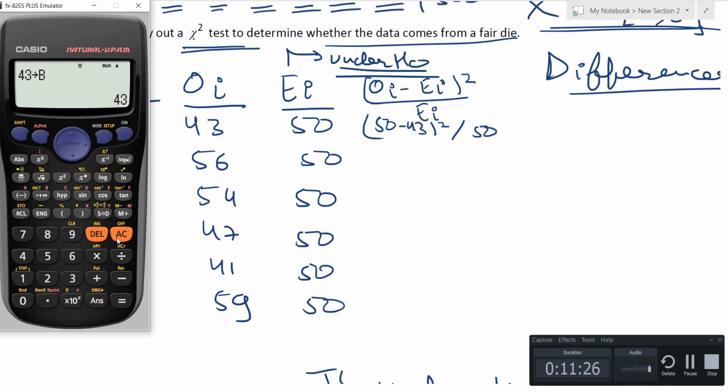Once I have these values stored, I can compute it as A minus B whole square divided by A. So I can directly get it, 49 by 50, 0.98.